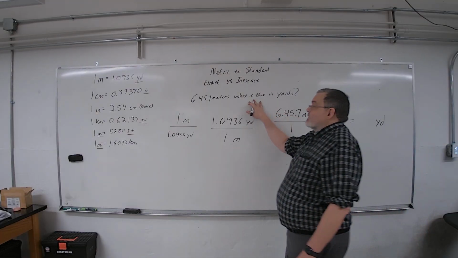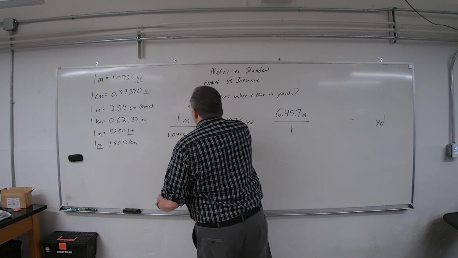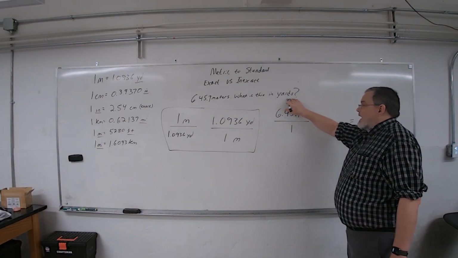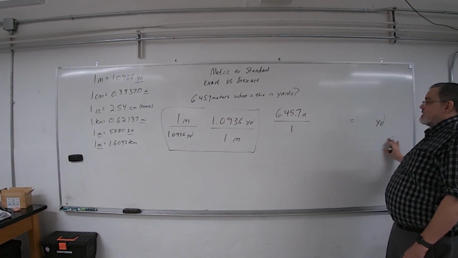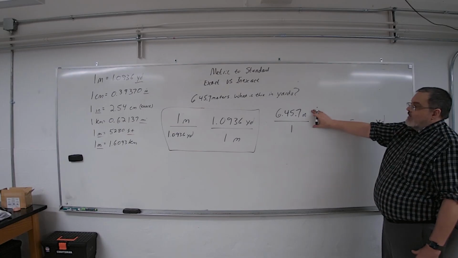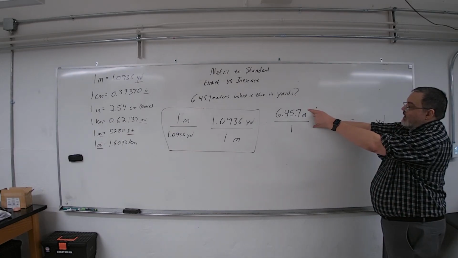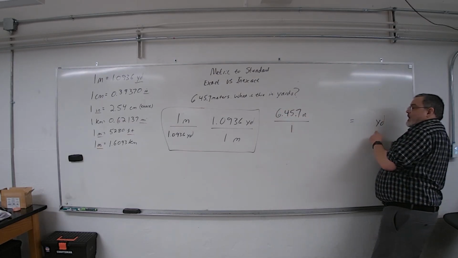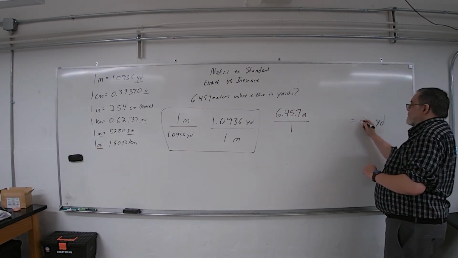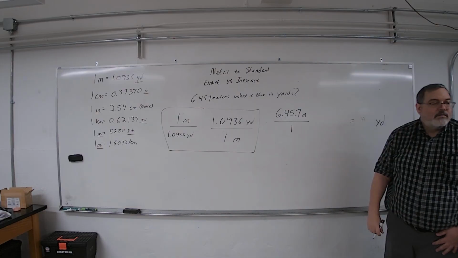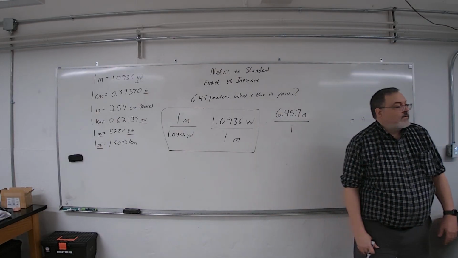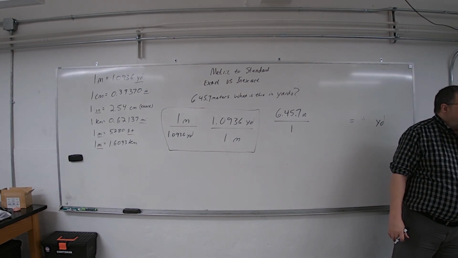You could read something like this, and before you even look over here, you can go ahead and write this much. You know there's going to be a conversion factor. And you know you're trying to get to yards, so you go ahead and write yards there, knowing that there's going to be some numerical value there. You could set up that much without even looking for your conversion factor. You with me?